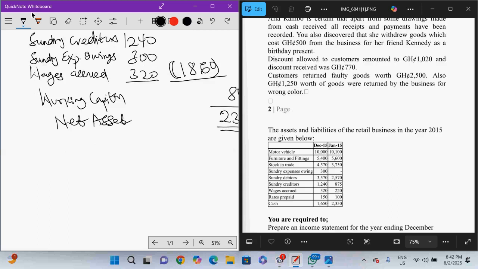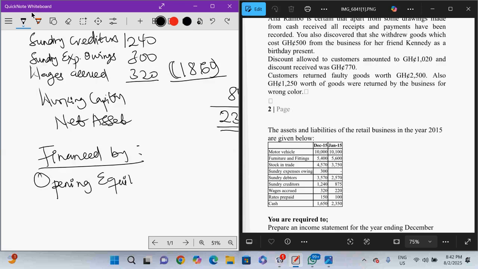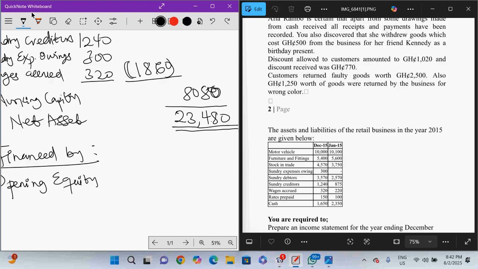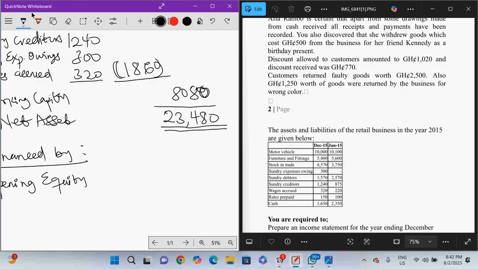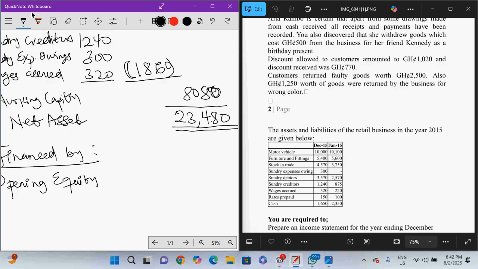Then you come to finance by equity. Opening equity or opening capital. Prepare the statement of affairs at the beginning.